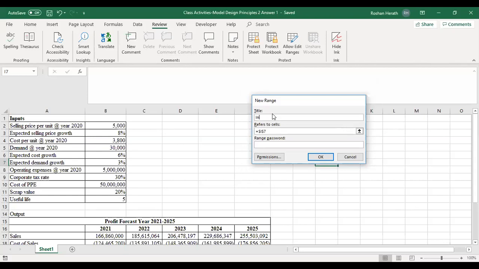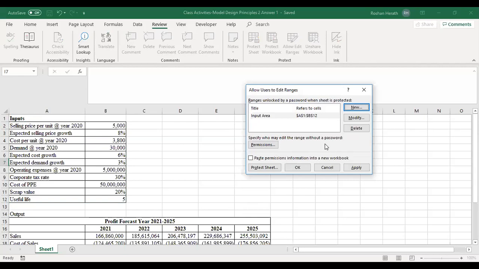Let me say input area. Then you can select the particular area. Let me select the whole input area. Then I can say OK.